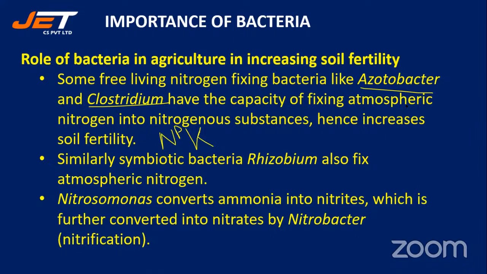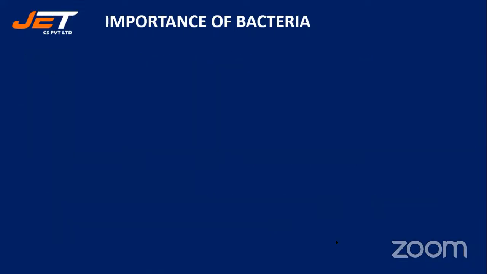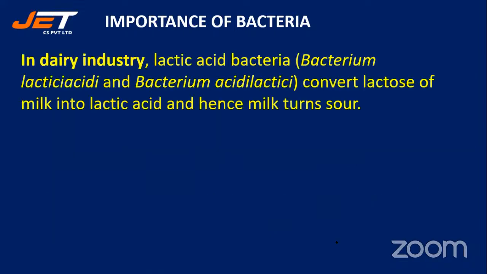Symbiotic bacteria, Rhizobium, fix atmospheric nitrogen. Nitrosomonas converts ammonia into nitrites, which is further converted into nitrate by Nitrobacter. We have already learned that in the exam. In the dairy industry, lactic acid bacteria like Bacterium lactici and Bacterium acidilactici convert lactose of milk into lactic acid, and hence the milk turns sour.